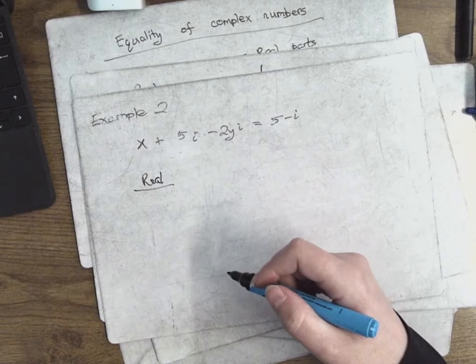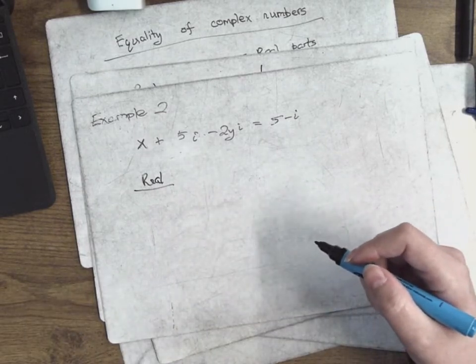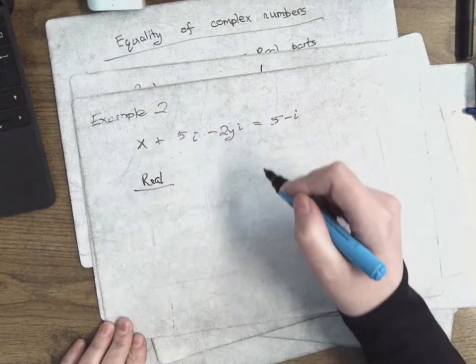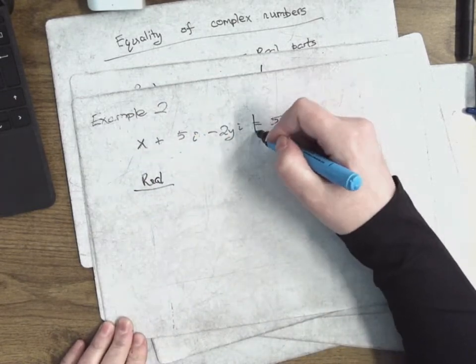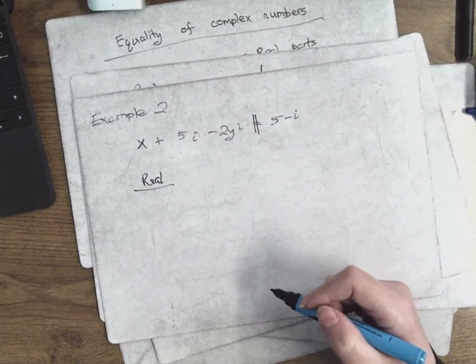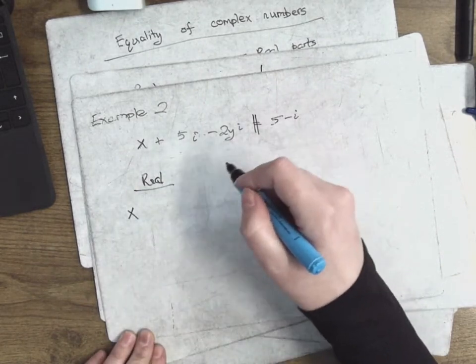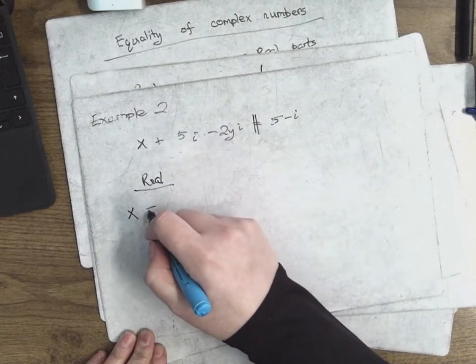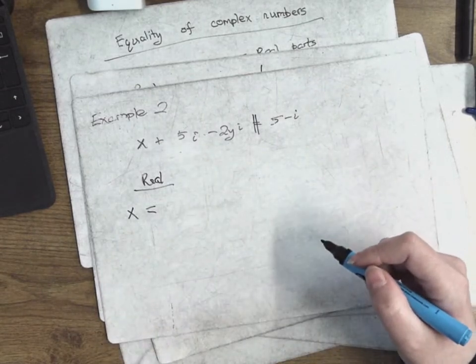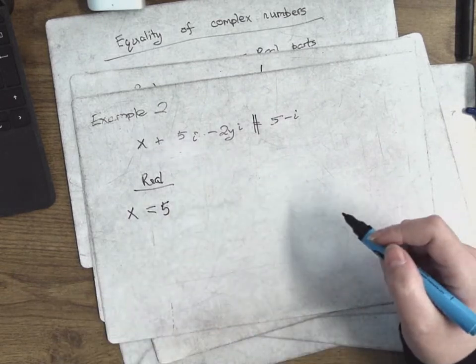Right, so once you've got the brackets got rid of, you pick out the real bits on the left hand side. So remember, this divides the left from the right. So what's the real bits on the left hand side? X, just x, isn't it? Everything else has an i in it. Right, you let that equal to the real bit on the right hand side. What's that? 5. That's great, that's one bit solved, isn't it?